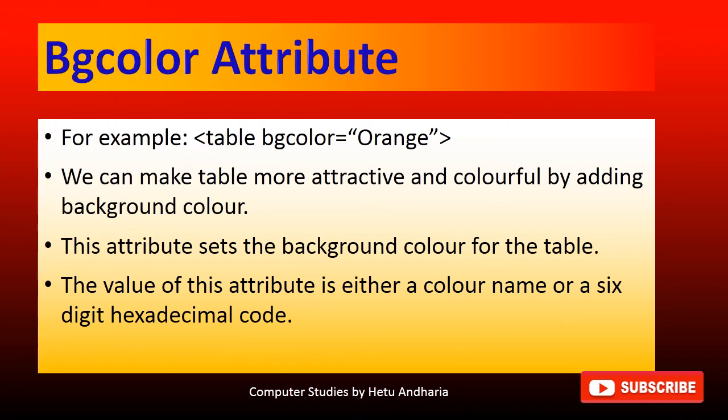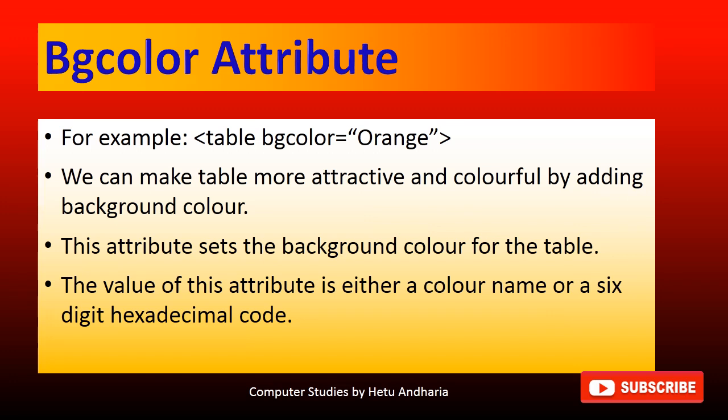You people are very much familiar with the word BG color. We had used this attribute to add color in the background of the web page. The same thing could be used to add color in the table. So if you type table bgcolor equals orange, then what will happen? The color of the whole table will change.